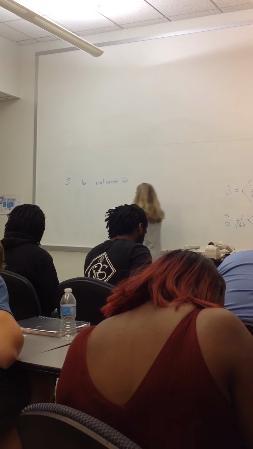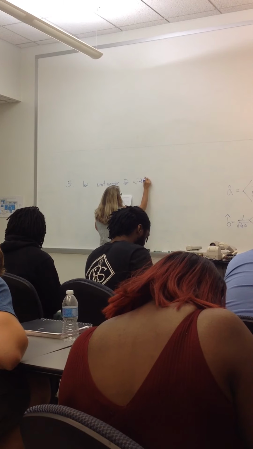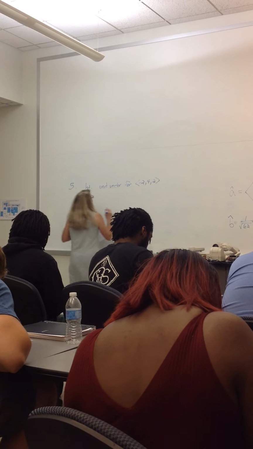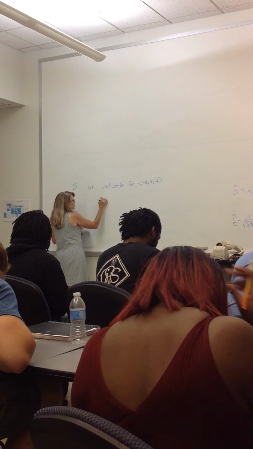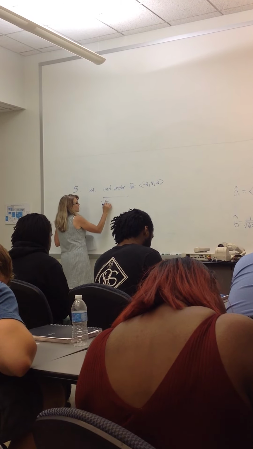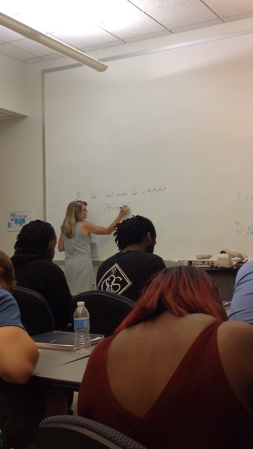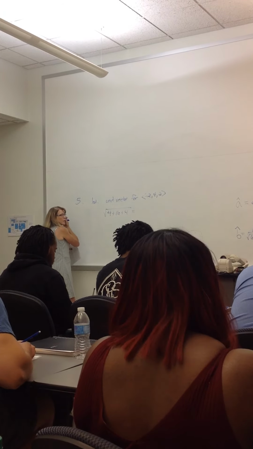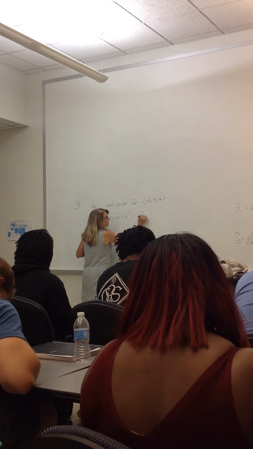So we're given the vector -2, 4, 2, find its unit vector. So the length of it would be the square root of 4 plus 16 plus 4. So that's what, the square root of 24.